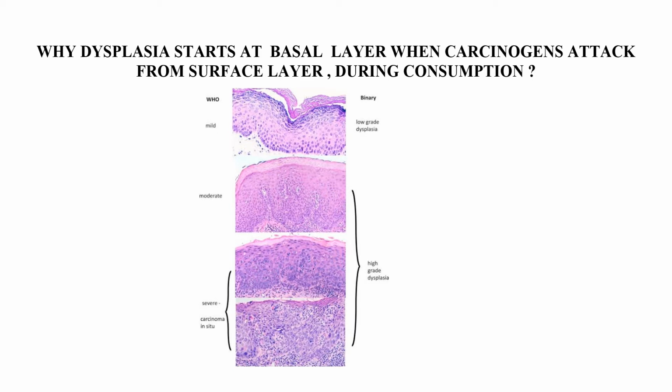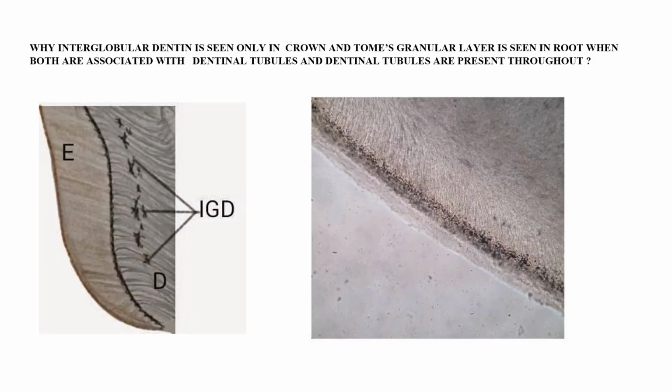So the question arises, when the carcinogens in the form of tobacco and betel nut attack the superficial surface first, then why does the epithelial dysplasia start from the basal surface?